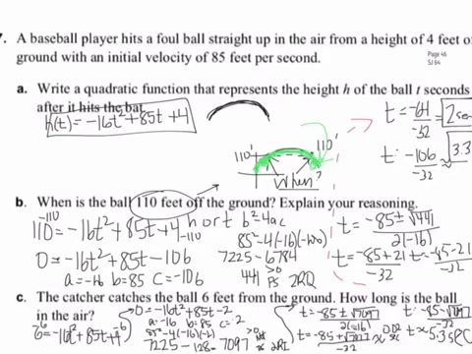I found the discriminant, named a, b, and c, b squared minus 4 times a times c, 7,225 minus 128. I got 7,097. That value is greater than 0, and it's not a perfect square.